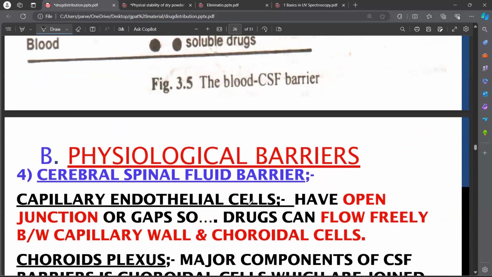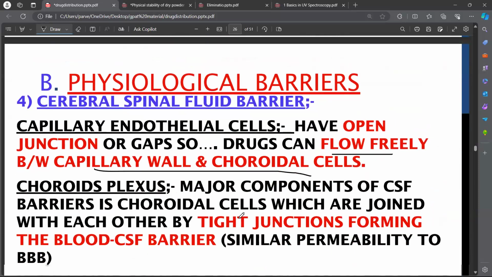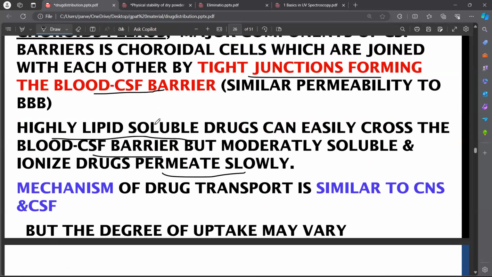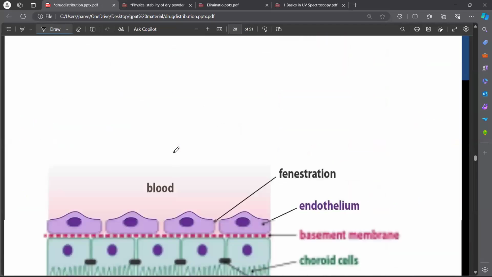Capillary endothelial cells have open junctions, so the drug can flow freely between the capillary wall and the choroidal cells. The tight junctions are present between the choroidal cells but are absent between the endothelial cells.